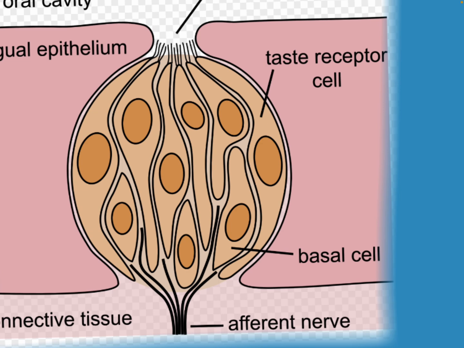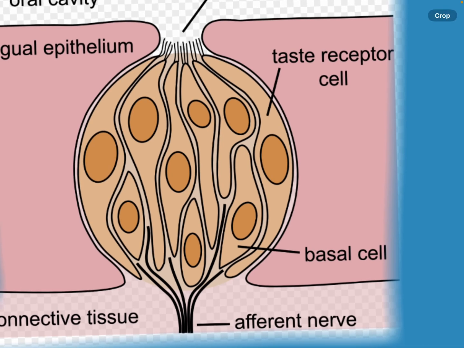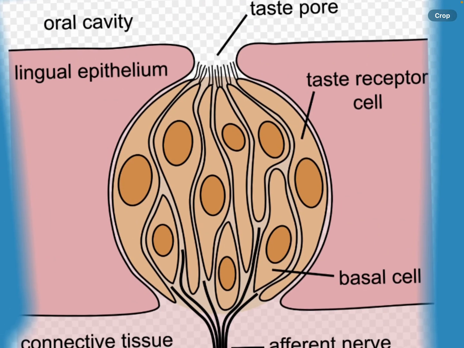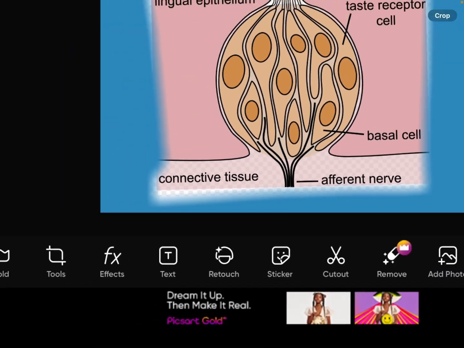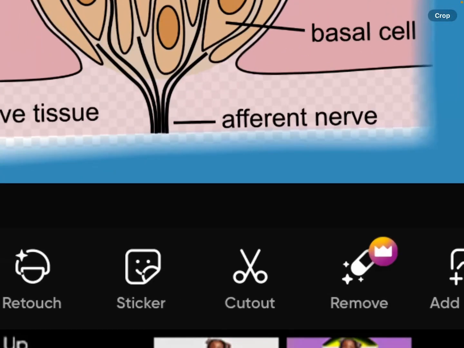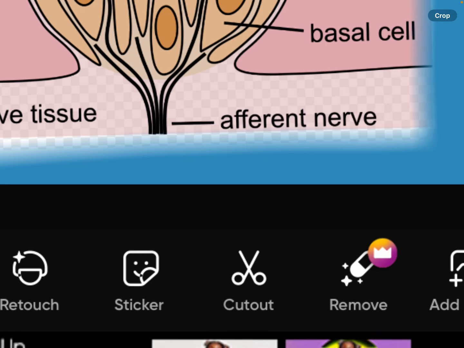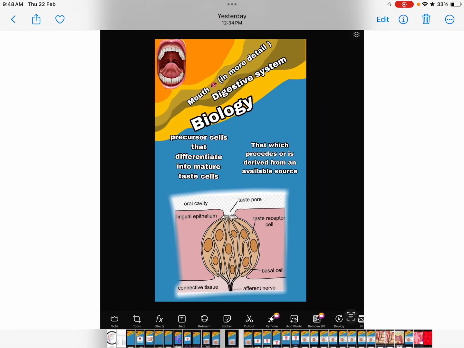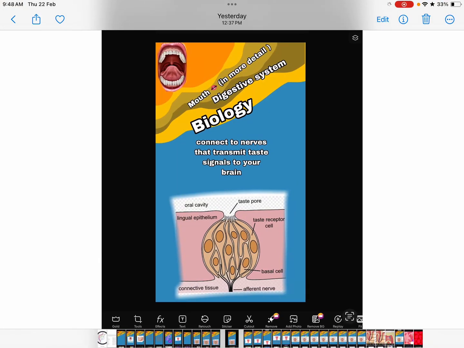The taste receptor cell tells the taste bud what the food tastes like. And the taste bud tells the nerve that the food tastes like this. Then the nerve tells the brain, and then the brain tells you that the food tastes like this.